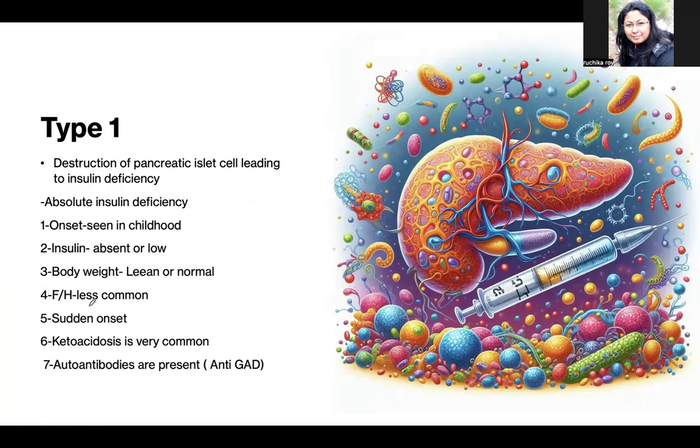These are some of the clinical features. In type 1 diabetes, there is absolute insulin deficiency. The onset is seen in childhood, insulin is absent or very low, and the body weight is lean or normal. Family history is less common, whereas in type 2 diabetes family history is very common. In type 1, the onset is sudden, ketoacidosis is very common, and the autoantibodies present are anti-GAD antibodies, along with a decrease or absence of C peptide level.